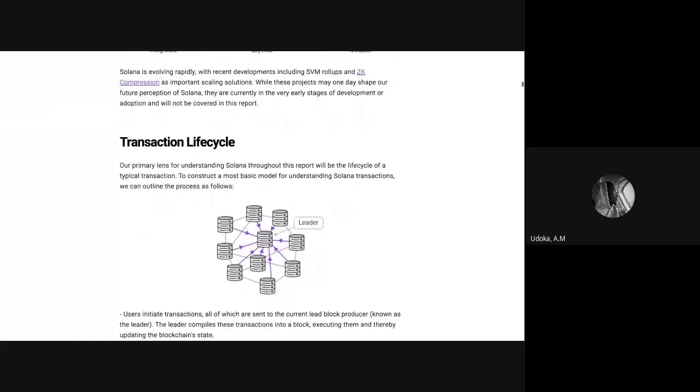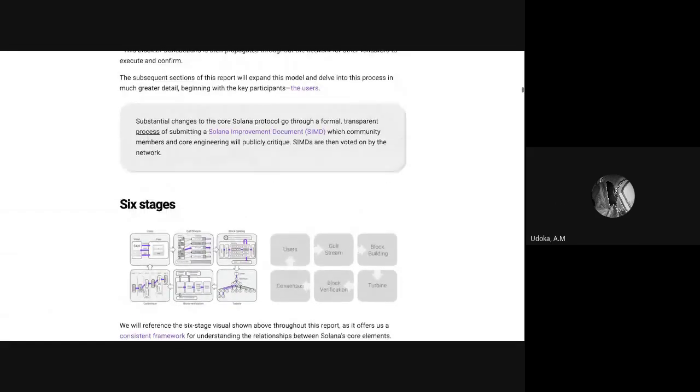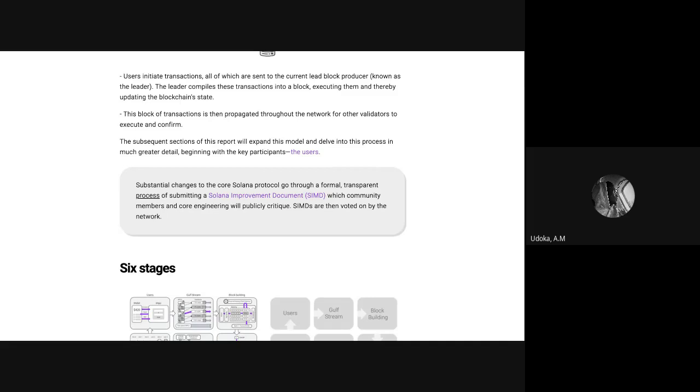Please, after this call, I implore you to take out your time and study this document for yourself. If you're looking at doing anything on Solana long term, like I always say, the tiniest details of documentation like this are what the bad characters leverage on.